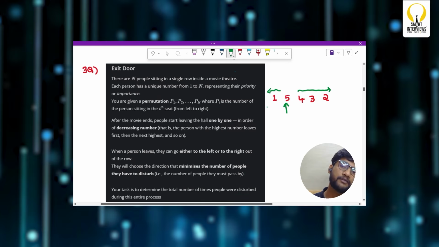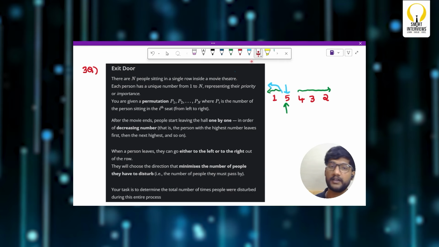If he goes to the left, he disturbs only one. So this person will always choose the left path because he disturbs only one person instead of three. That is your condition: they will choose the direction that minimizes the number of people they have to disturb.